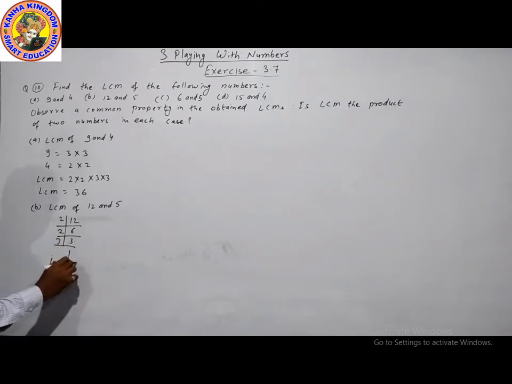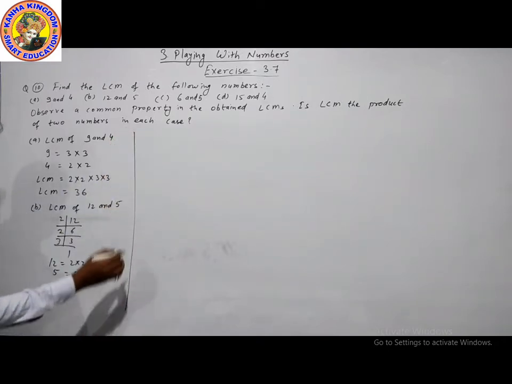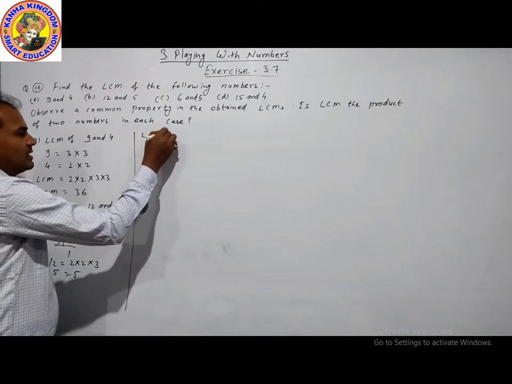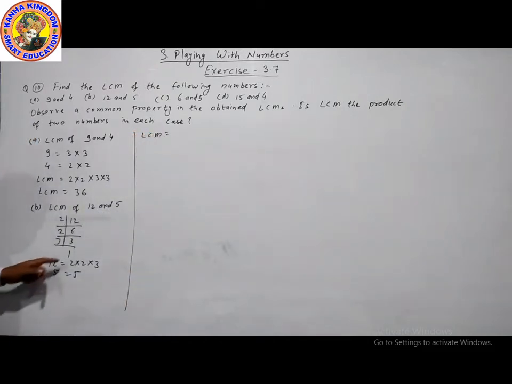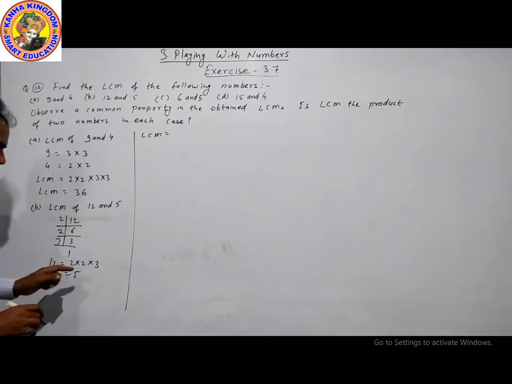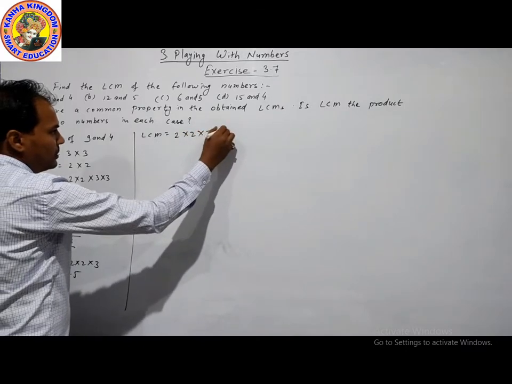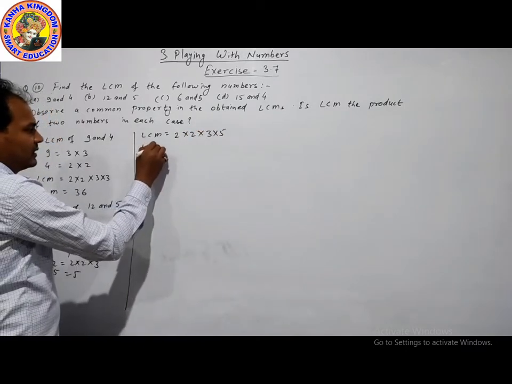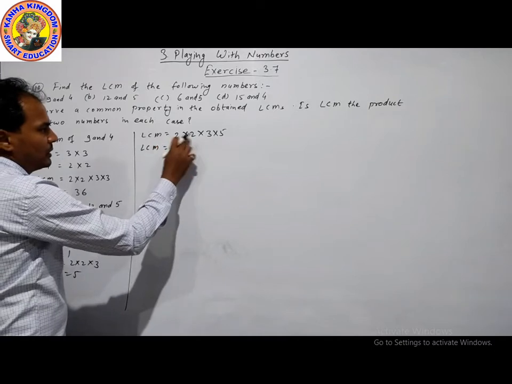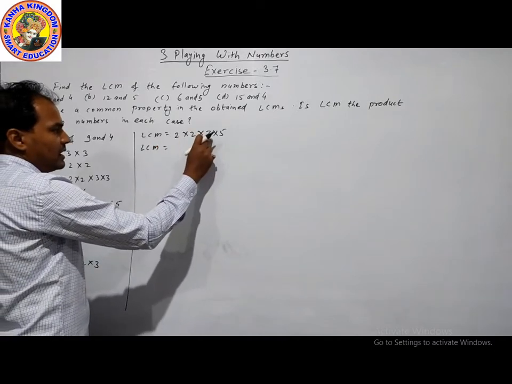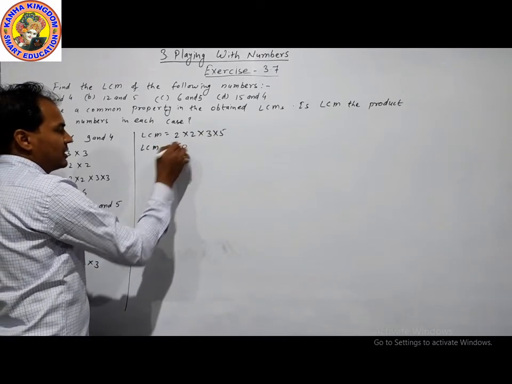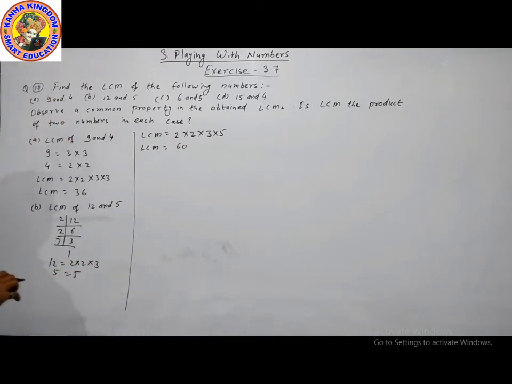So 12 is 2 into 2 into 3, and 5 is a prime number, so this is 5. For the LCM, taking common factors, there is no common factor, so take the factors separately: 2 into 2 into 3 into 5. 2 into 2, 4, 4 into 3, 12, 12 into 5, 60. The LCM is 60.